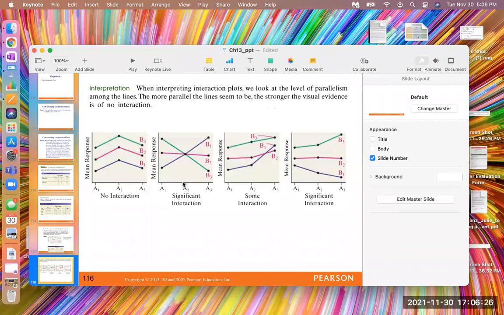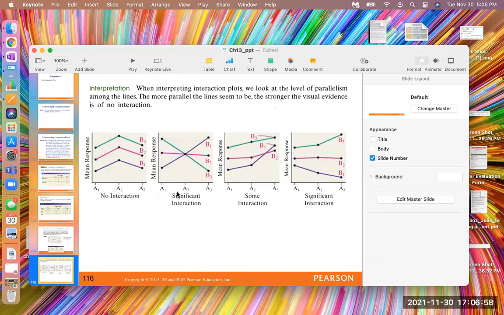But here, when you change B from B1 to B3, all of a sudden it looks like the drug is not working, or something happened. When we increase from A1 to A3, the response variable increased for B1.